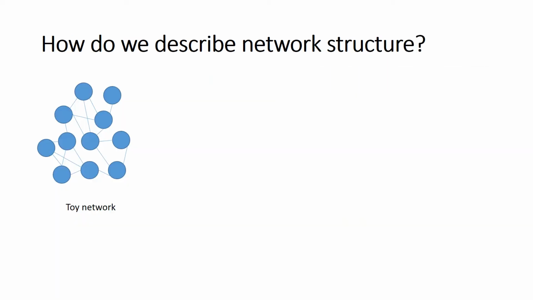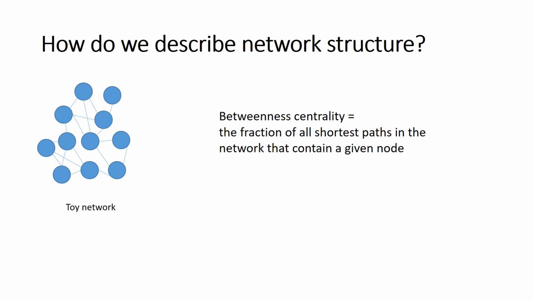I want to talk about one last way to describe the network structure, and that's in terms of betweenness centrality, which tells us how central a node is to all of the shortest paths between many other nodes. So if you're traveling from one node to another, let's say node A to node B, how likely are you to go through node C if you're taking the shortest path?